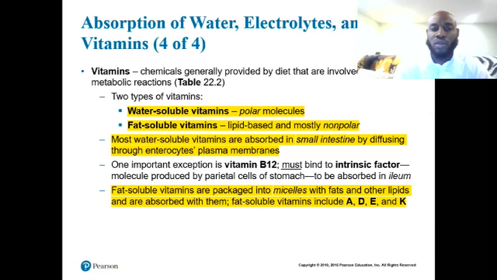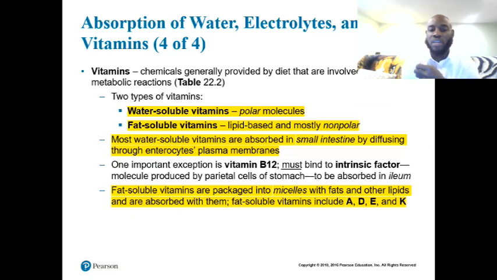Vitamins are chemicals generally provided by the diet that are involved in a host of metabolic reactions and help keep our body functioning properly. We have water-soluble vitamins, polar molecules, and fat-soluble vitamins, lipid-based, just like the sound, fat-soluble, lipid-based, mostly non-polar.